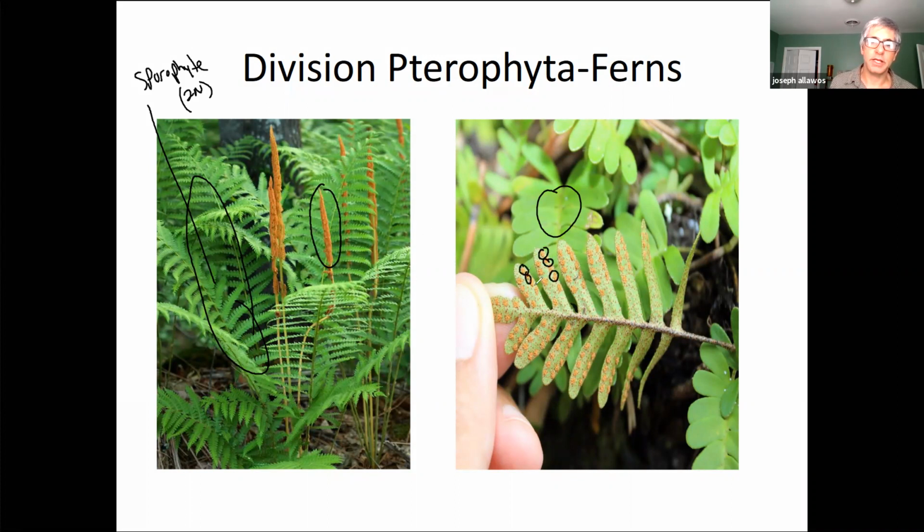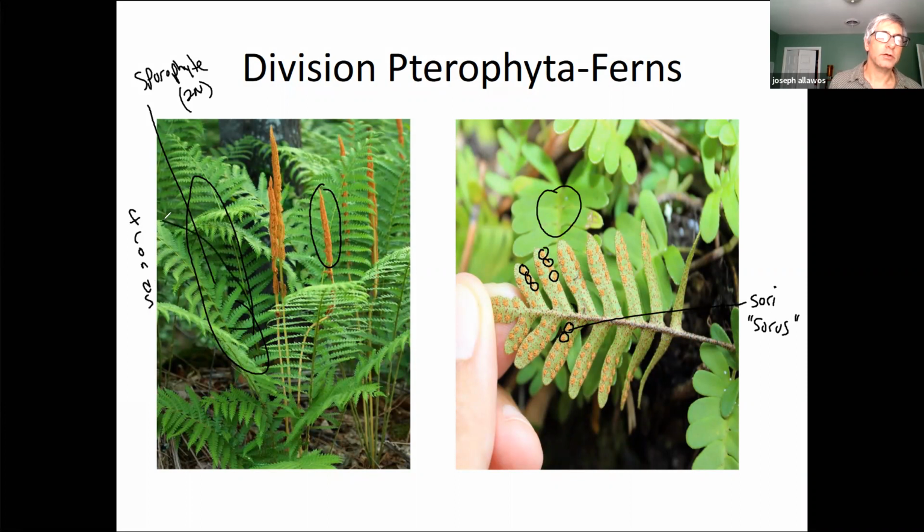There are lots of different variations of how that can happen, but I'm going to go ahead and give you a term. When they're on the back side of the leaf like this, we call them sori, S-O-R-I, or sorus is singular. So there's a new word for you. Some terminology for the fern: the leaves are often called fronds, F-R-O-N-D.